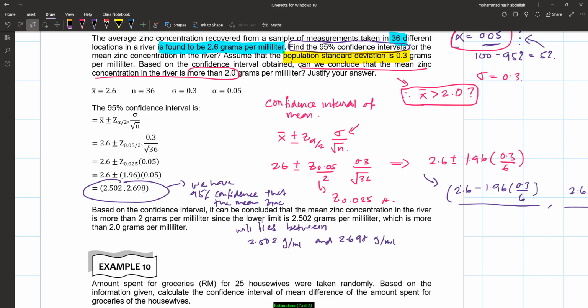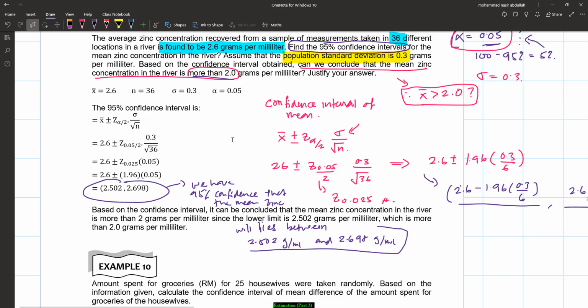So the question here, can we conclude that the mean zinc is more than 2.0? Yes lah. We can conclude that the mean zinc is more than 2.0 because the estimation is between 2.5 and 2.6.